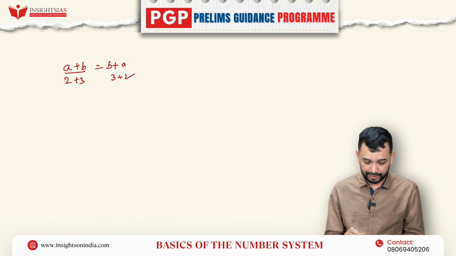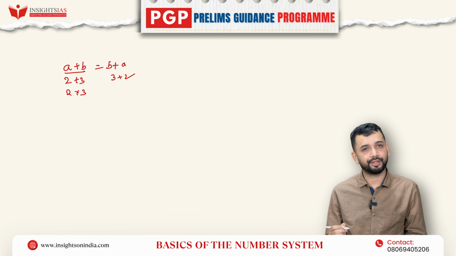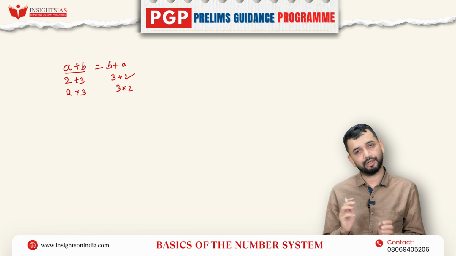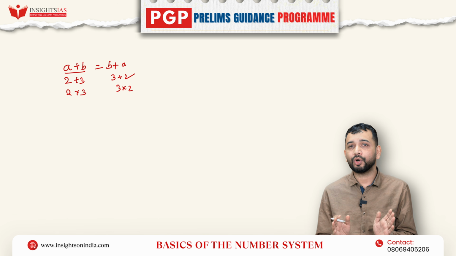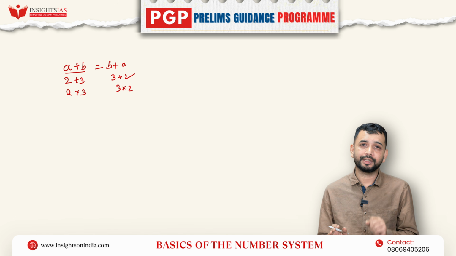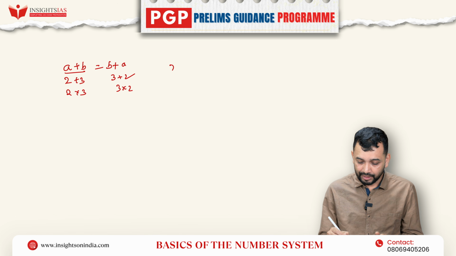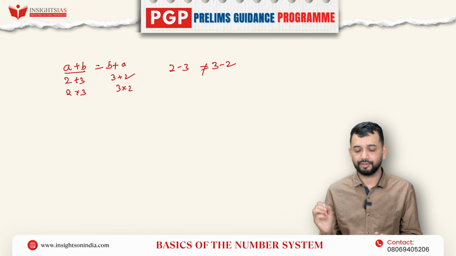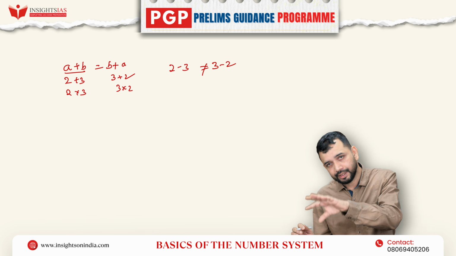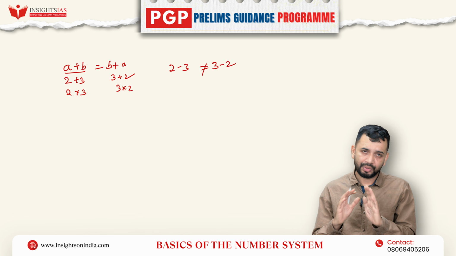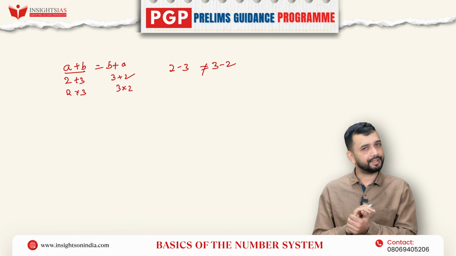So, now let's look at it. 2 into 3 is 6 or 3 into 2 is also 6. Again, this will not hold true for subtraction or division. That means that 2 minus 3 is very different from 3 minus 2. 2 minus 3 is minus 1, 3 minus 2 is plus 1. So, it will not hold true for subtraction.